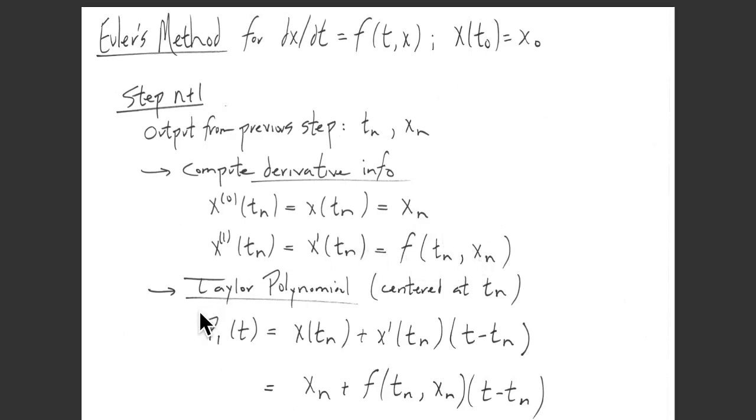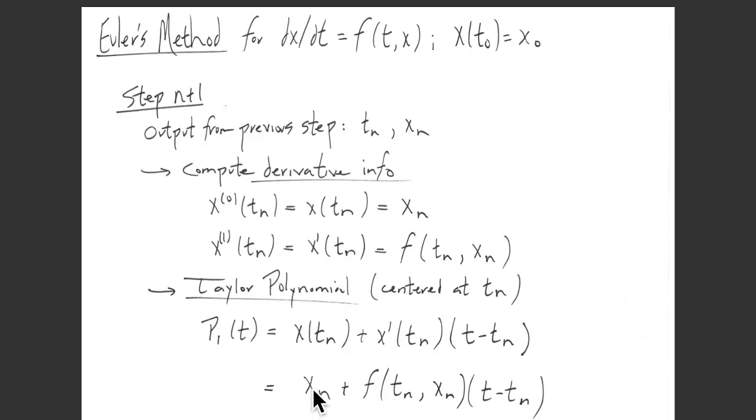Then you can put together your Taylor polynomial, and this is of degree 1 here, centered at tn: x of tn plus x prime of tn times the quantity t minus tn. And then just use what you know about x prime of tn from up here. And so this will be your first degree Taylor polynomial.